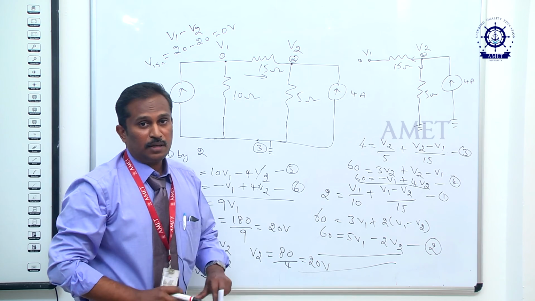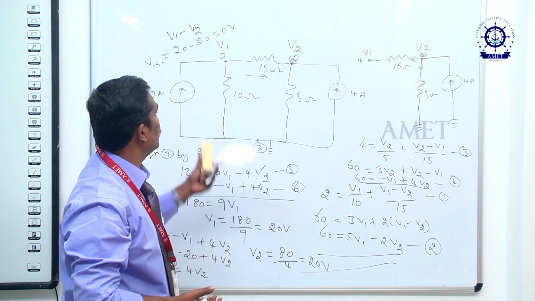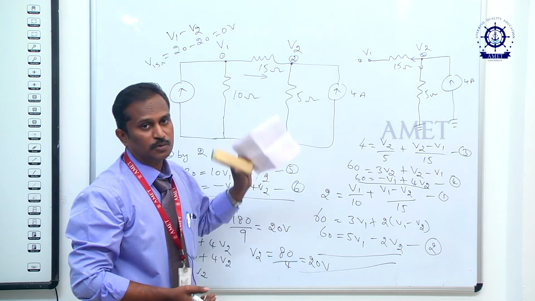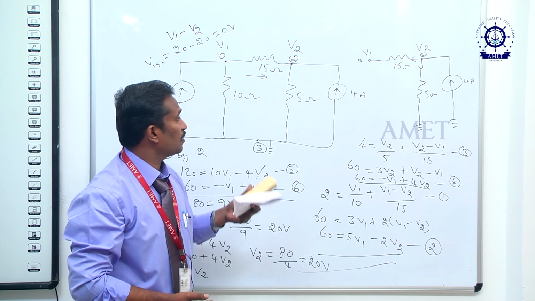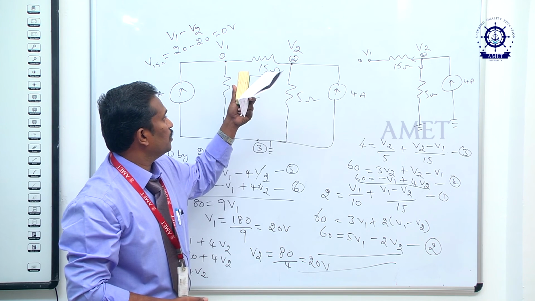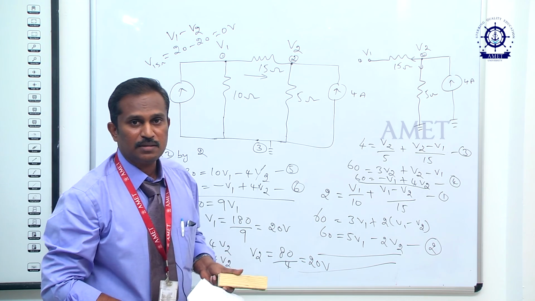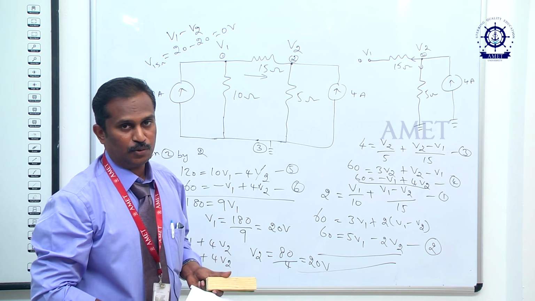So the current through the resistance is 0, because current is voltage divided by resistance, and the potential is 0. The reason the current through the 15 ohm resistance is 0 is that the potential is the same at each node.